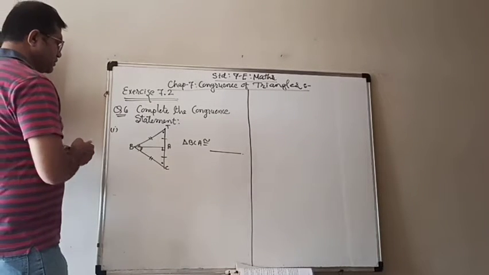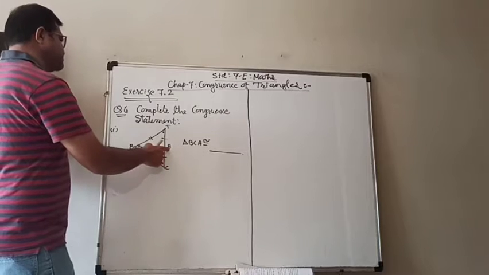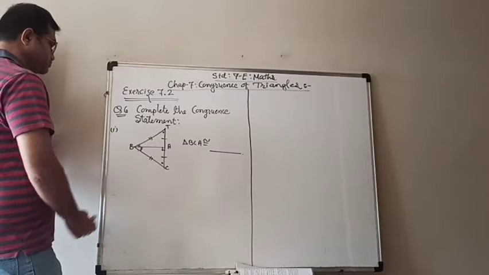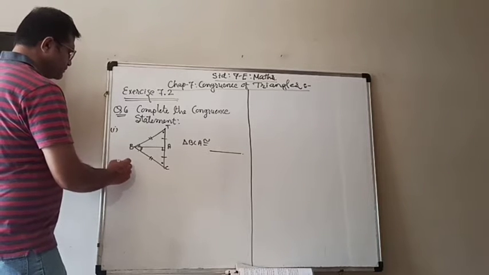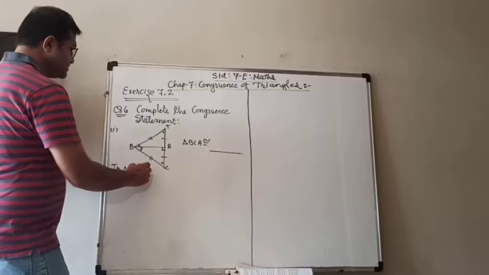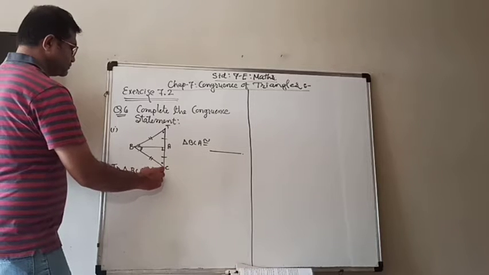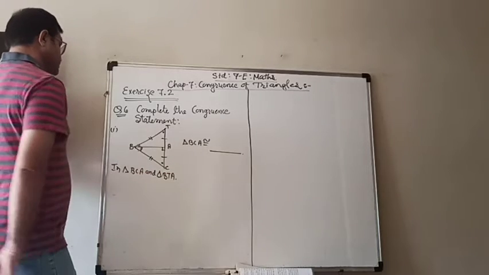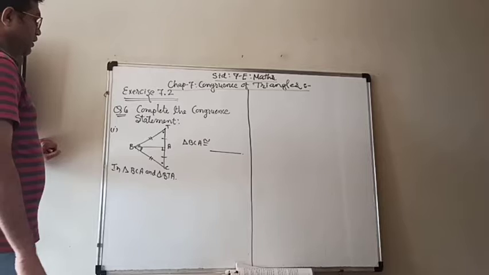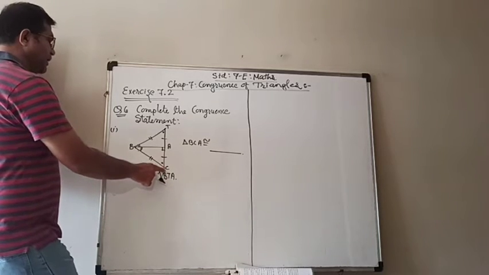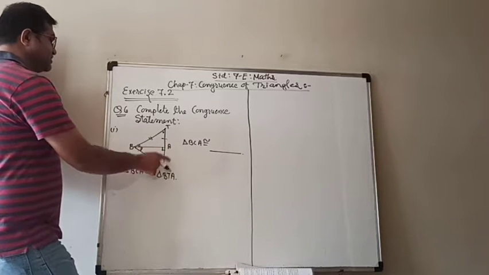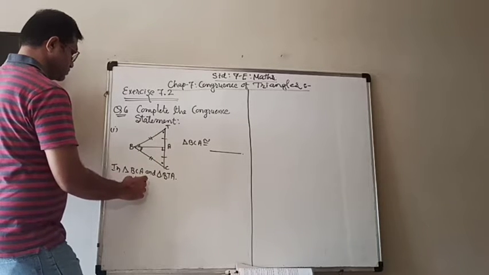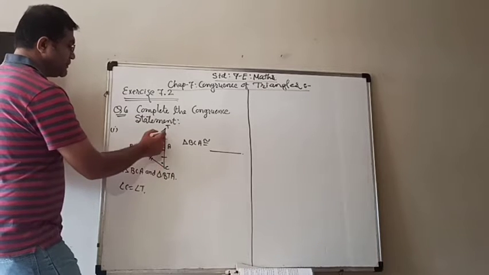Now there are two triangles, triangle BCA and triangle BTA. So now in triangle BCA and triangle BTA, you can see that angle C is equal to angle T, because they have the same marking.